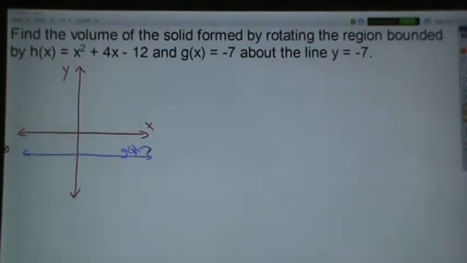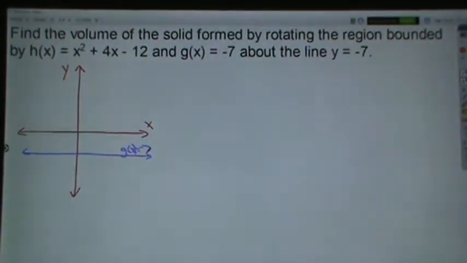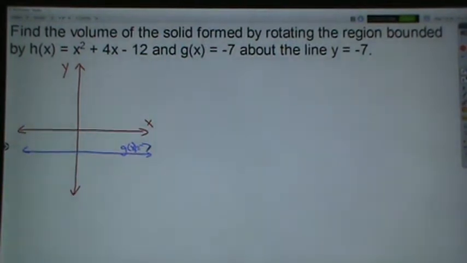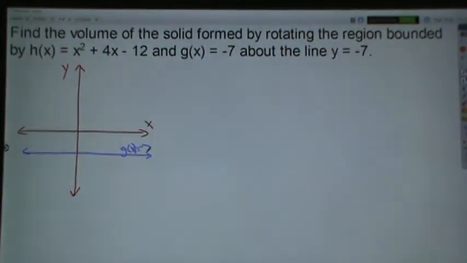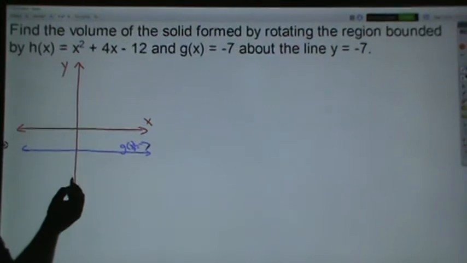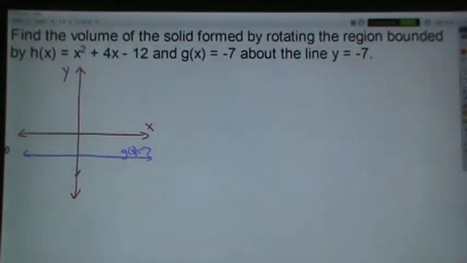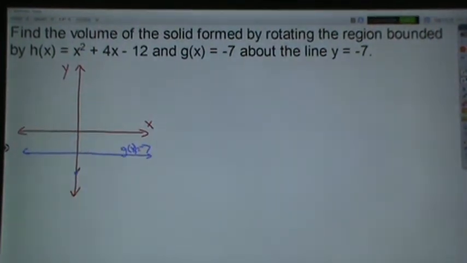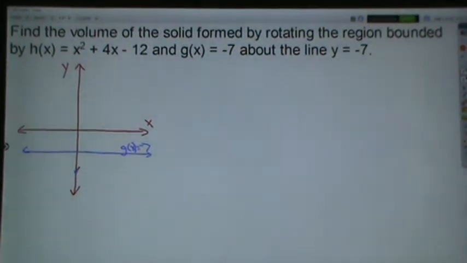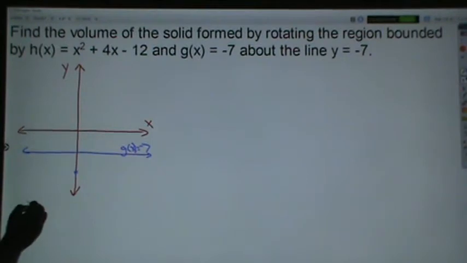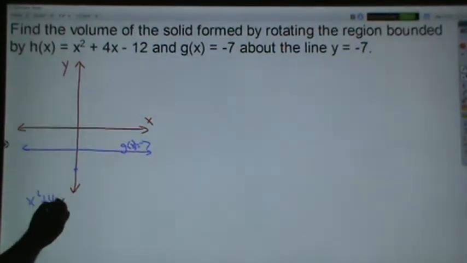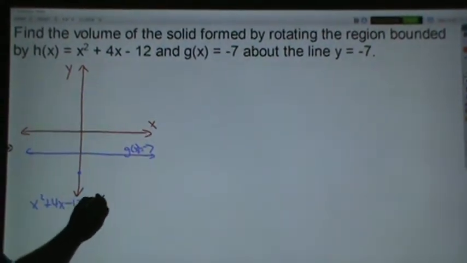I know that the curve, the parabola h of x, has a y-intercept of -12, so I'm obviously going to be beneath this g of x equals -7, but I don't know exactly where it hits g of x equals -7 unless I set them equal to each other. So I'm going to set x squared plus 4x minus 12 equal to -7.